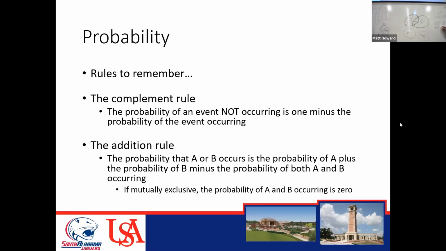Another way to put that is that A times B is 0. Because there's no overlap here, the probability of both of them occurring is 0. So you can either think of it as just A plus B if it's mutually exclusive, or it's A plus B and this AB is still there, it's just minus 0. Okay. Any questions about that part?